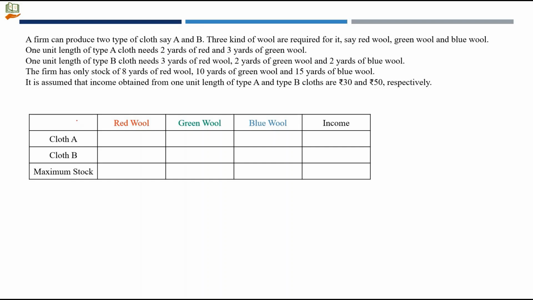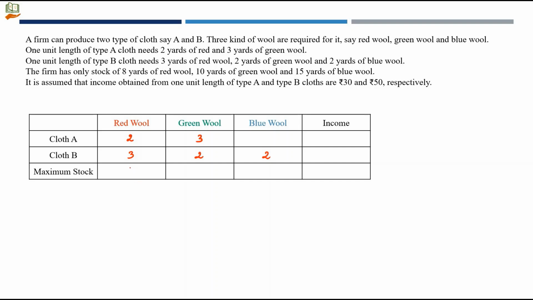1 unit length of type A cloth needs 2 yards of red wool. So we can fill 2 here, 3 yards of green wool. And there is no mention about blue wool. Coming to cloth B, it needs 3 yards of red wool, 2 yards of green wool and 2 yards of blue wool. The firm has only stock, so the maximum stock is given here.